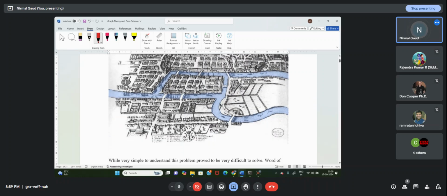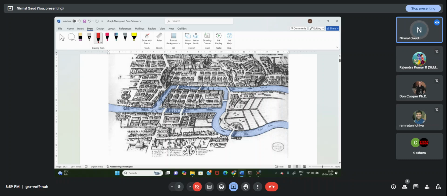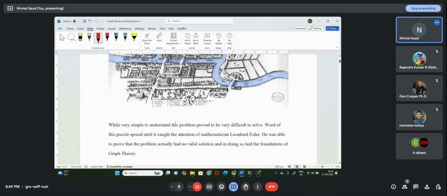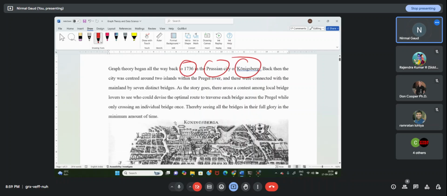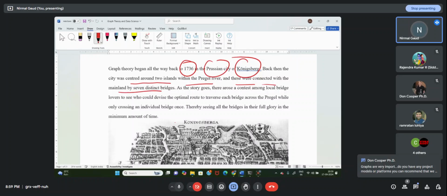This is the problem: seven bridges, four islands. Two islands were centered, and these were connected with the mainlands by seven bridges.